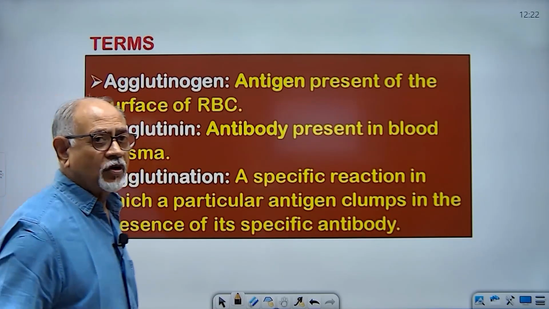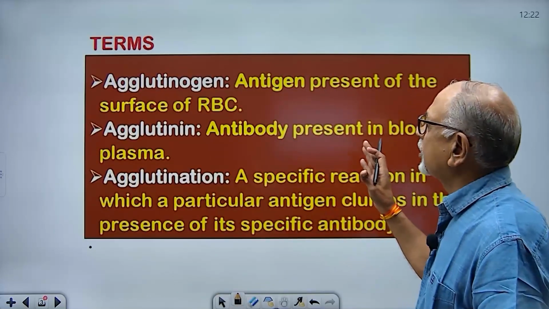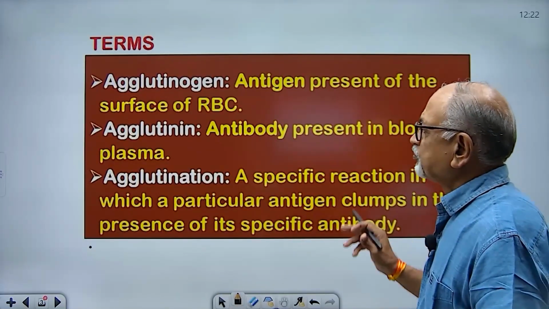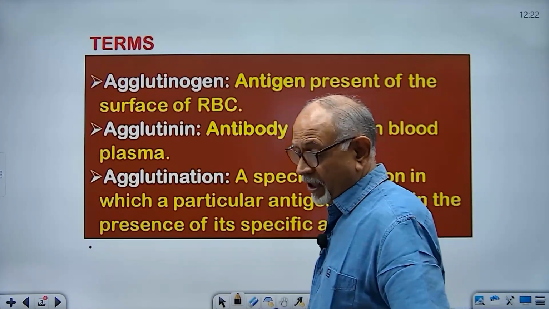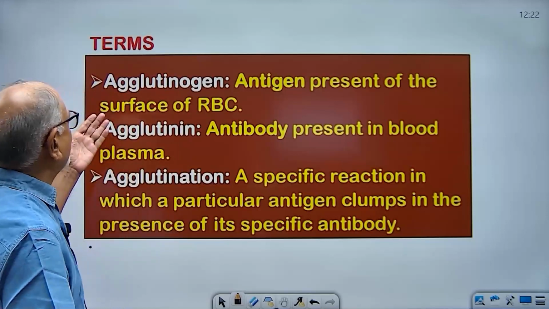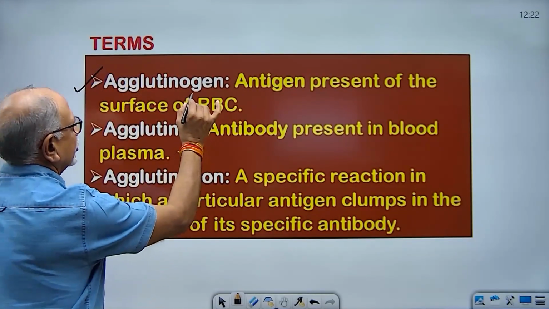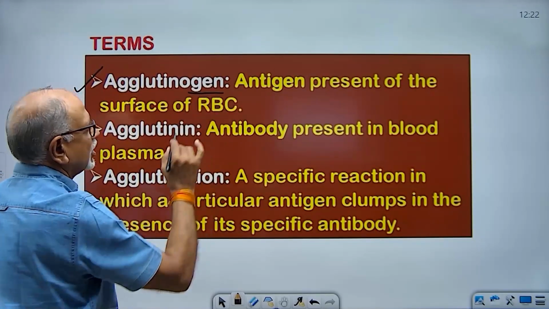Now, first of all, let us see some of the terms which are used in the blood group testing. One is agglutinogen. Agglutinogen, you always remember the word gen.